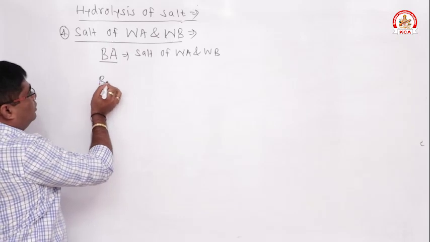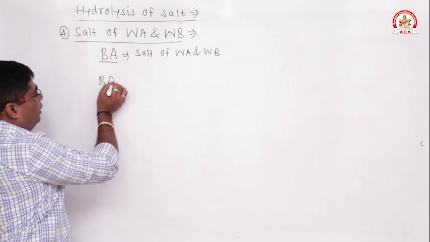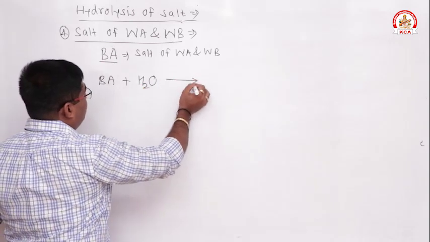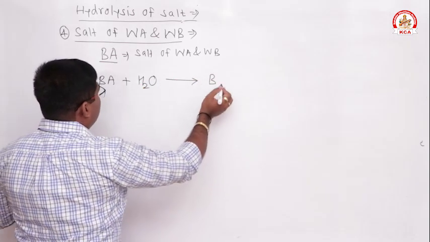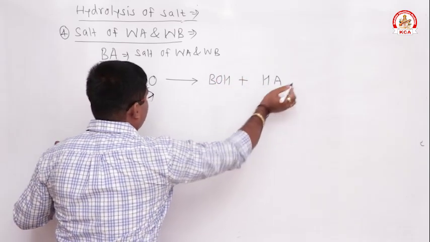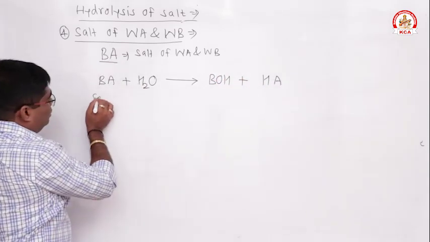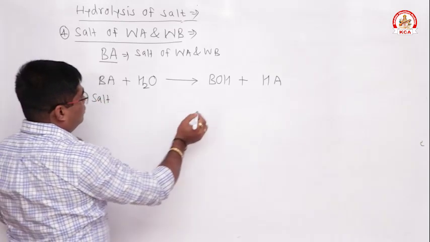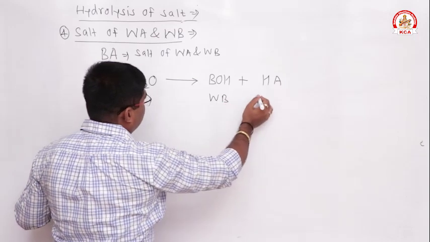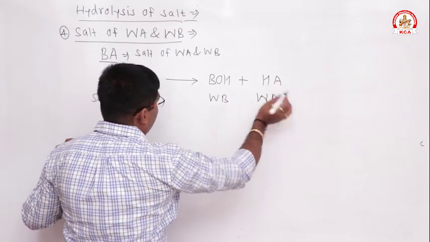React with water. BA with water, H2O, gives BOH, and it gives HA. This is the salt, this is the weak base, and this is the weak acid.